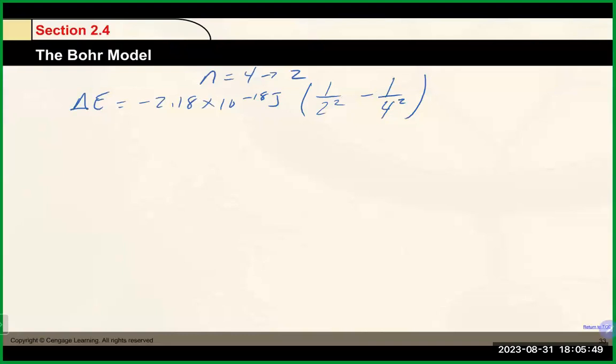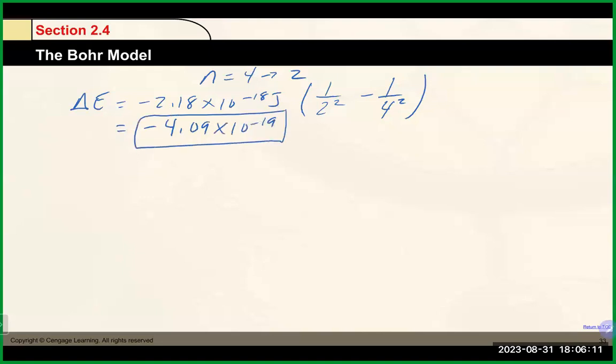And that will obviously give us 1 over 4 and 1 over 16. So we'll do that there, and we'll times it by 2.18 to the minus 18. Again, making sure to use our exponent button. And this time I will not forget the negative. So negative 4.09 times 10 to the minus 19.